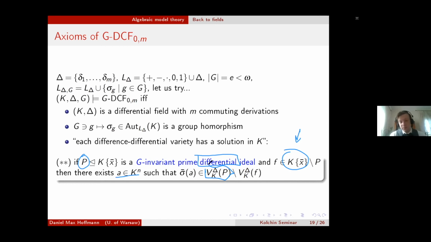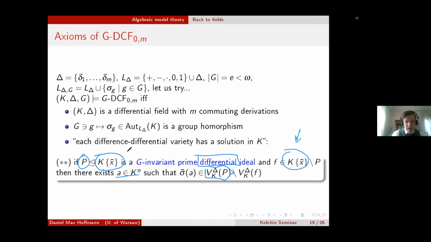It says that a is a zero of P, right? Every polynomial from my ideal vanishes on a, but F doesn't vanish on a. It's not zero. So there are some problems with it, and let me make a comment on that.